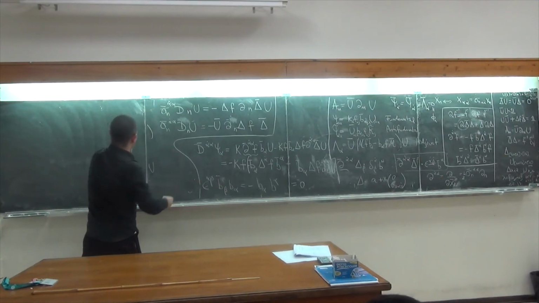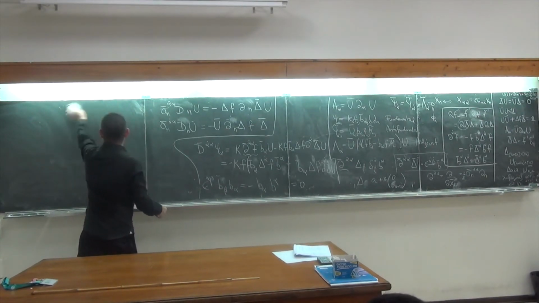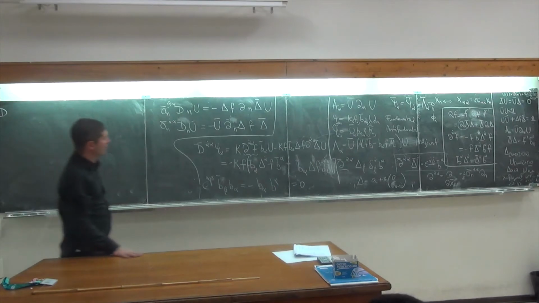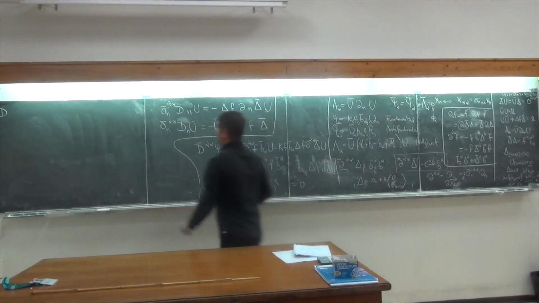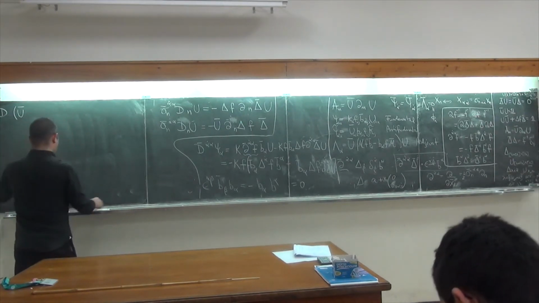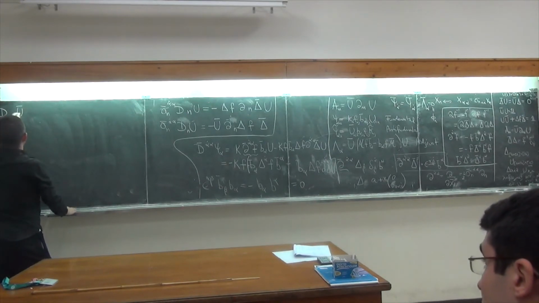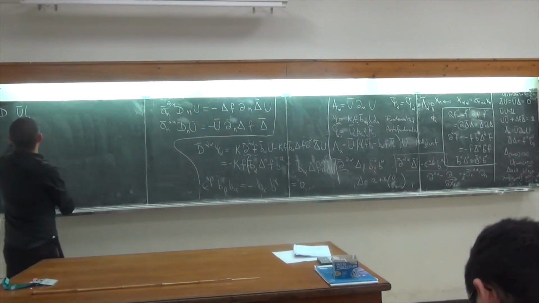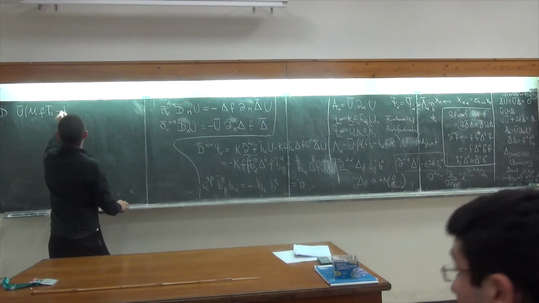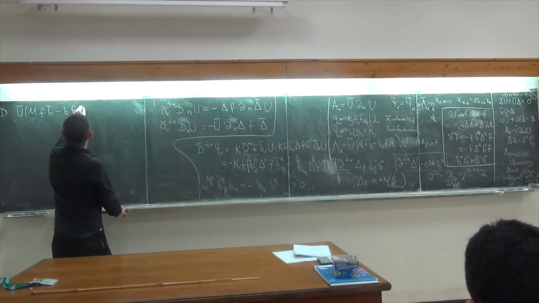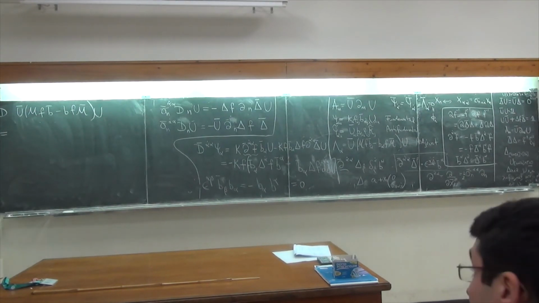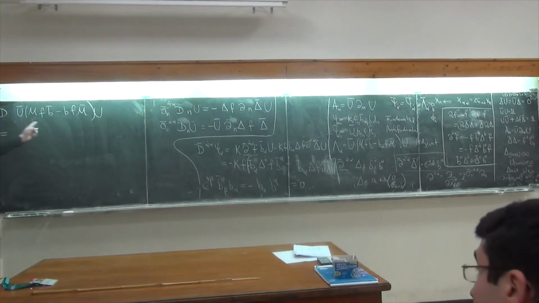Again, I should use just these relations. Therefore, I should do d of u bar. It should do this derivative.